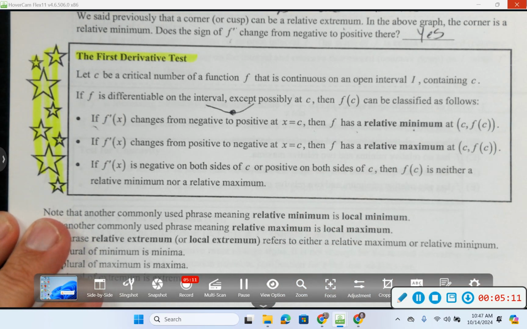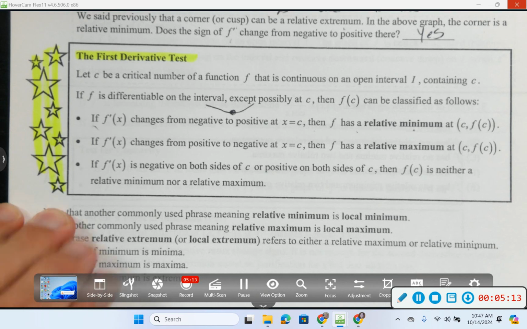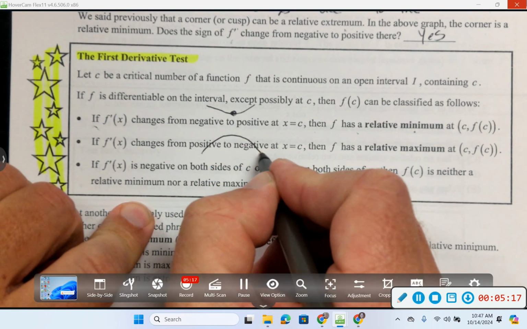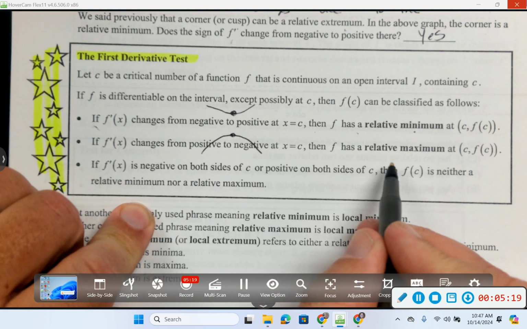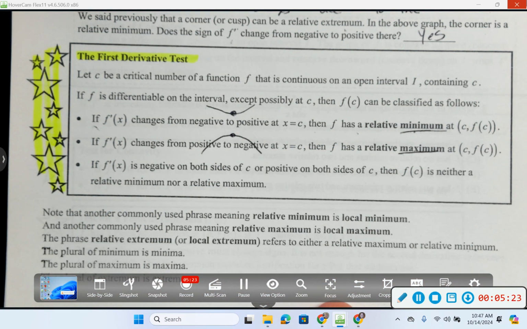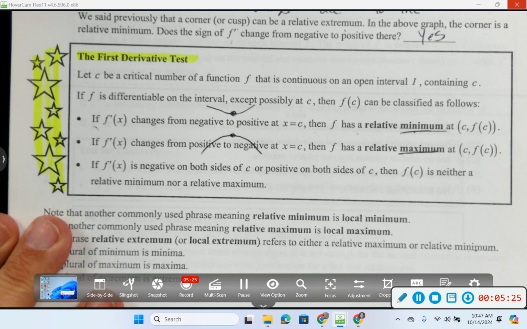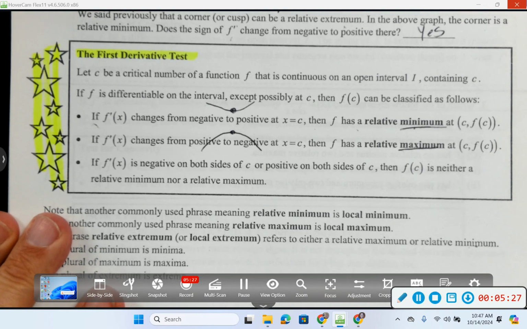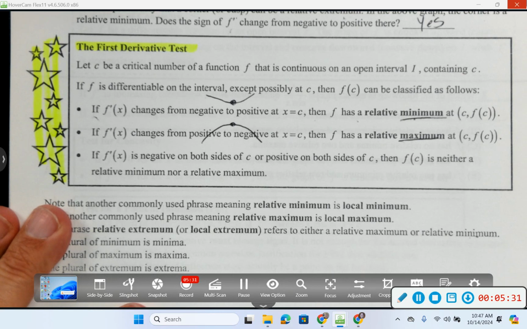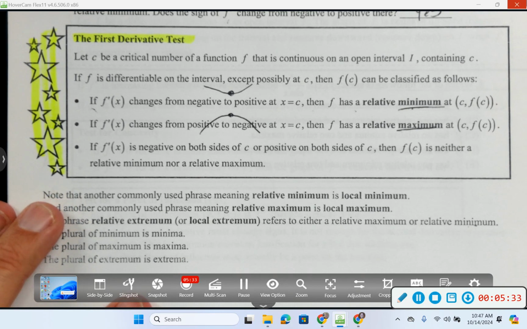Yes, that makes sense. If f prime changes from positive to negative, then there's a relative maximum there. Yes, that makes sense. If you know what increasing and decreasing and f prime positive and f prime negative mean, it's easy to figure out maximums and minimums.